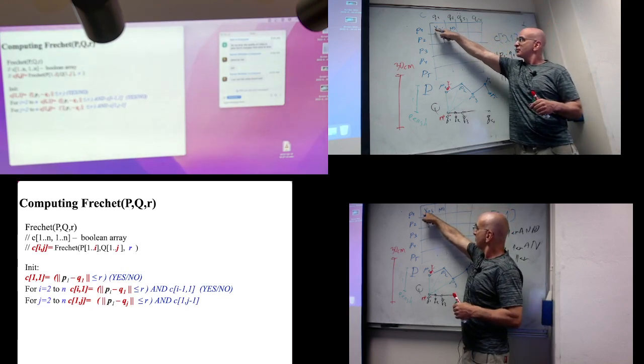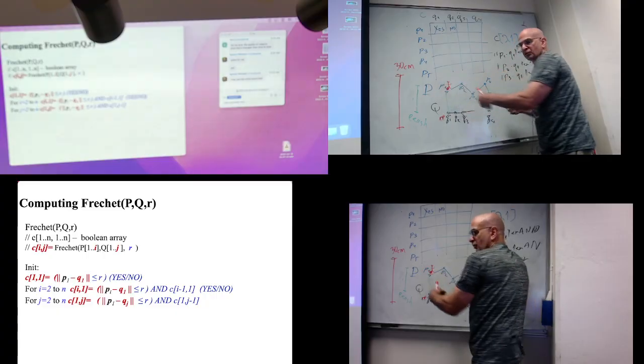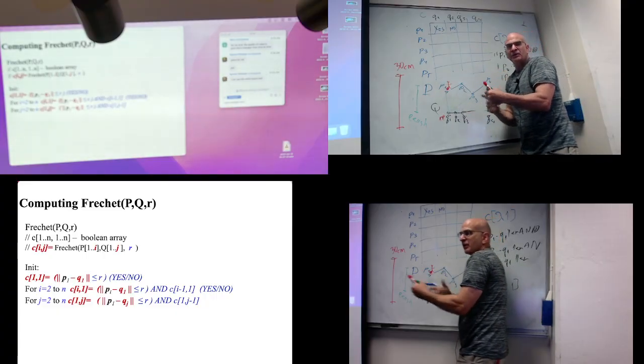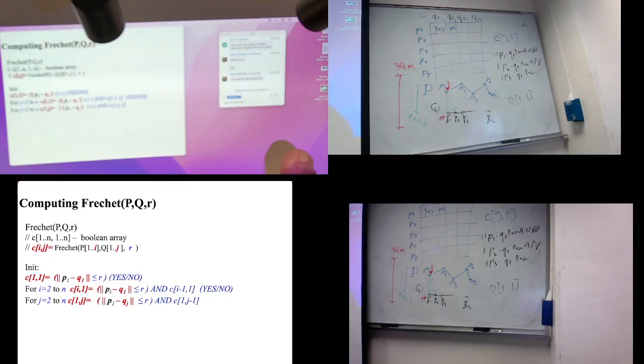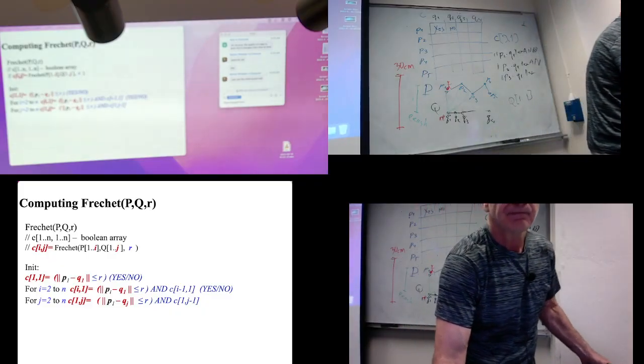Because it means you cannot have the person stuck here and the dog continue all the way using only a leash of length R. And once again, R is some number that you decided on, the first player told you about 17 centimeters.